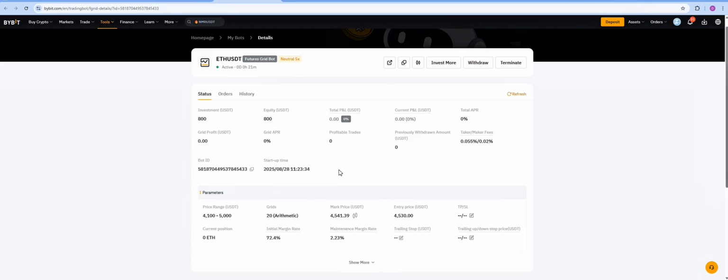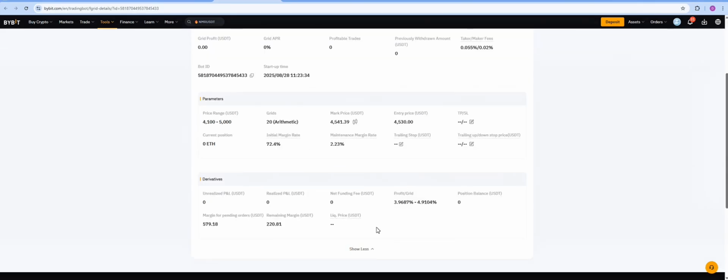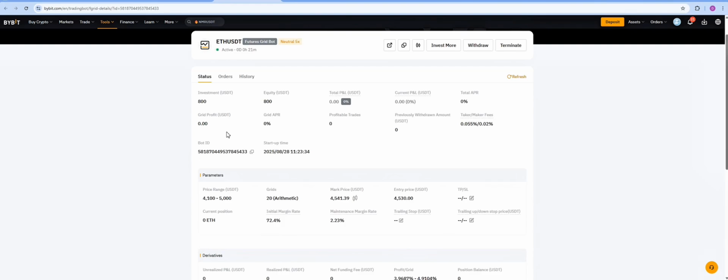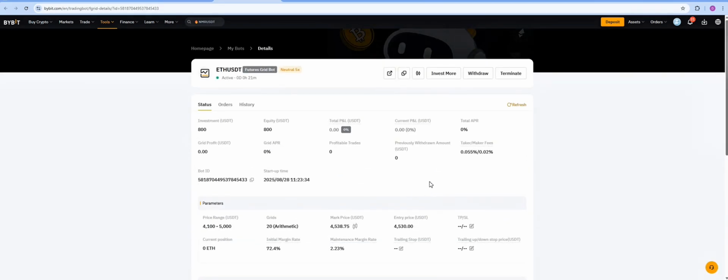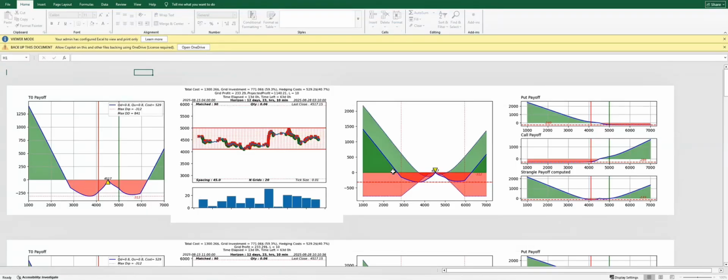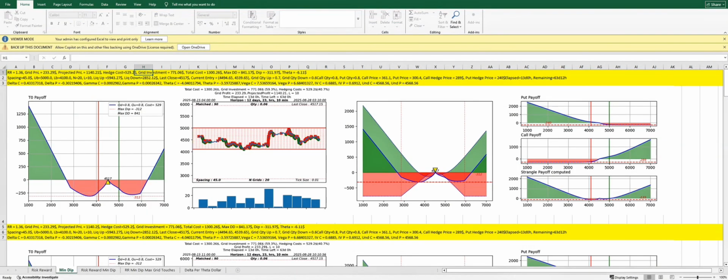And the leverage that I've used is, where is it? It should say, it was 5. I used 5, so I used half of what this says to use.